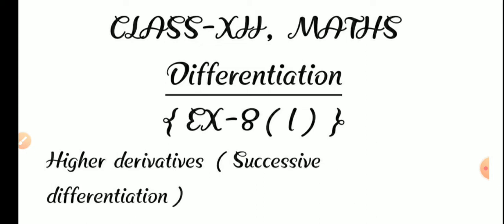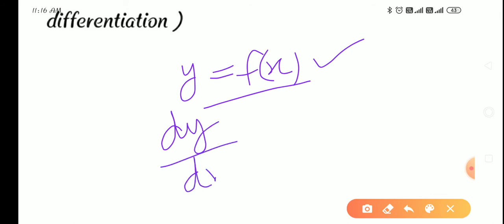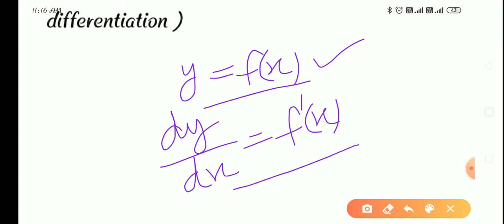You see here, suppose that you are having y equals f(x), a differentiable function, and its derivative dy upon dx will be f dash x. Suppose this derivative is called first derivative.